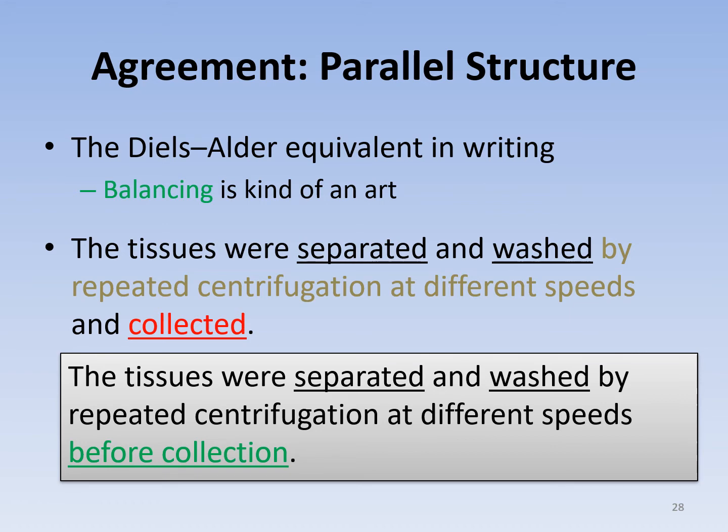We can try to not let the collected become a parallel entity of the first two. Then we say that the tissue were separated and washed with a huge modifier, and we just say before collection. This is not going to be something that we still have to keep an eye on after we read the first two. And this is what I call balancing your sentence.